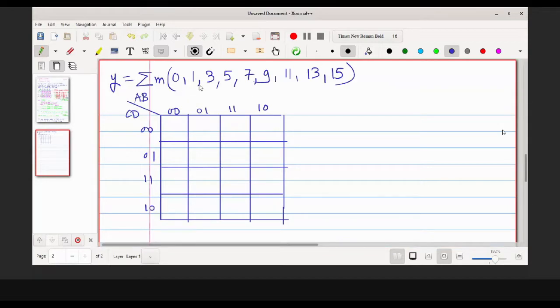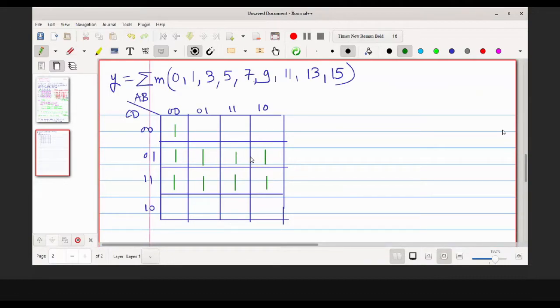Now keep on entering the values, the logic ones. So 0, then 1, then this is 2, and this is 3. Then 4, 5, 6, 7, and so on up to 15.